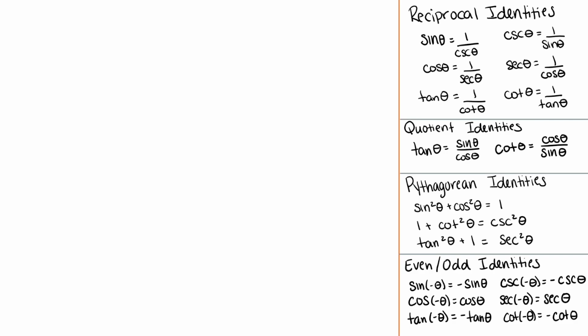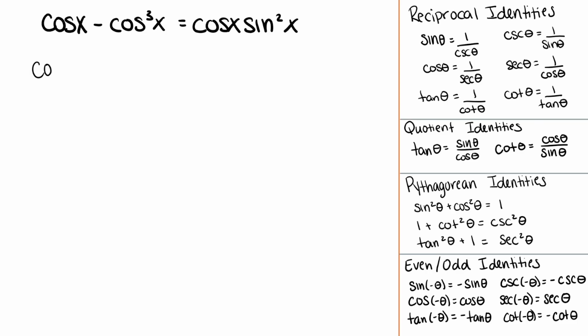For our next expression, we have cosine x minus cosine cubed x equals cosine x sine squared x. Let's start on our left side by factoring out a cosine x. When we factor out a cos x, we're left with 1 minus cos squared x. And we know that 1 is equal to sine squared x plus cos squared x.